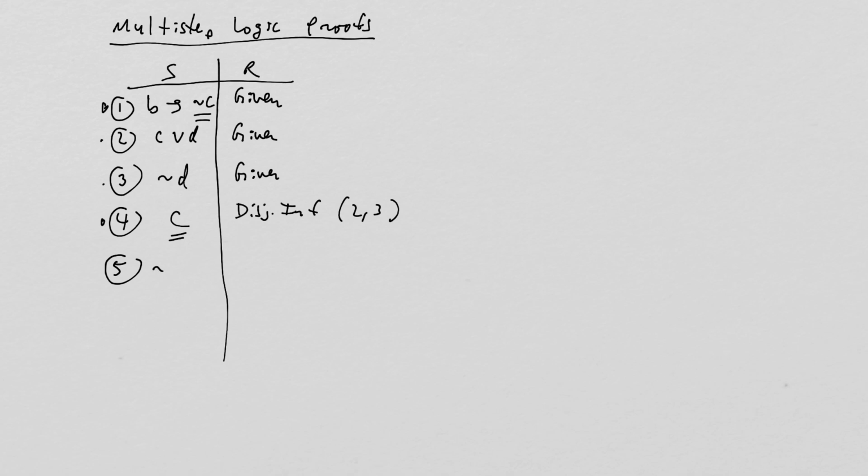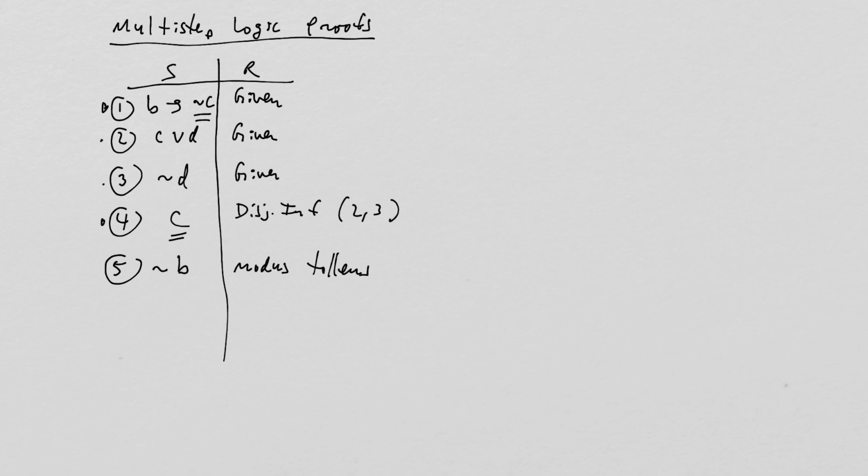So I can jump to the opposite of the hypothesis by modus tollens. So that's an example of a multi-step proof where I combine 2 of the givens to get a new statement, and then combine that with the other given. Basically I'm using 2 lines at a time to create new statements.